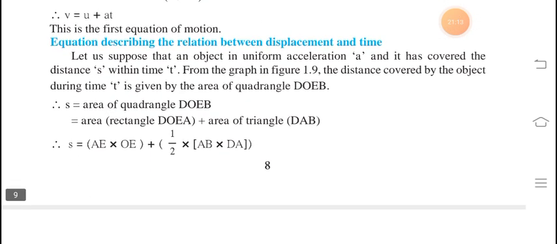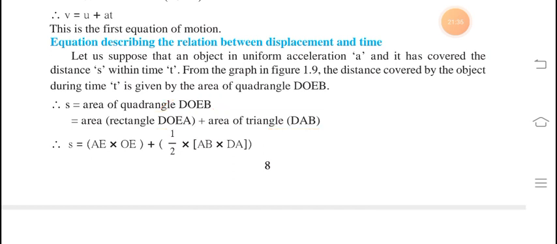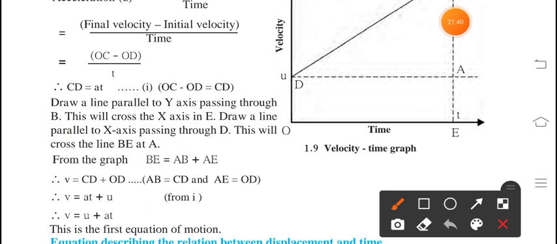You can observe here, area of rectangle DOEA plus area of triangle DAB. To find the area of quadrangle DOEB, we are dividing it into a rectangle and a triangle. Now we have a formula: the area of rectangle is AE into OE, base into height.